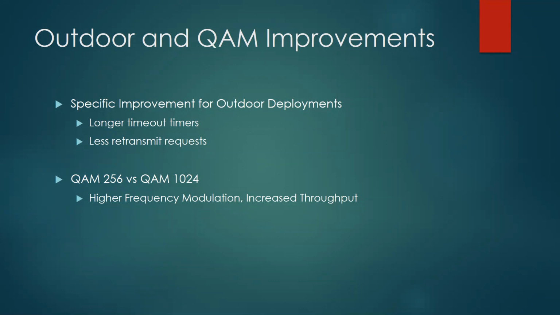And then the QAM change. The QAM is basically just a higher frequency modulation, and because of that higher frequency modulation, you get increased throughput. It has to do with some algorithms they use on those. Again, a lot of special sauce goes in behind there, but the whole thing is, we go from 256 to 1024, 4 times. There's definitely a large throughput increase that you can jam into there.